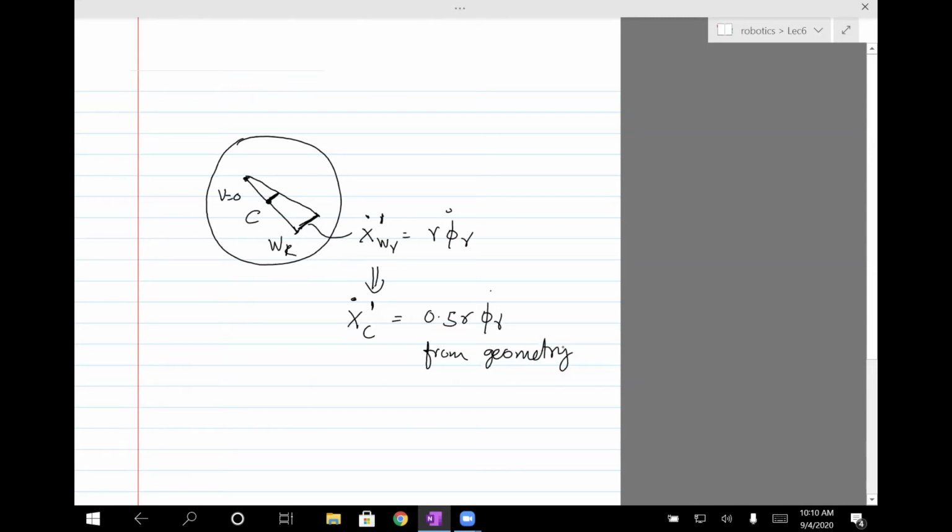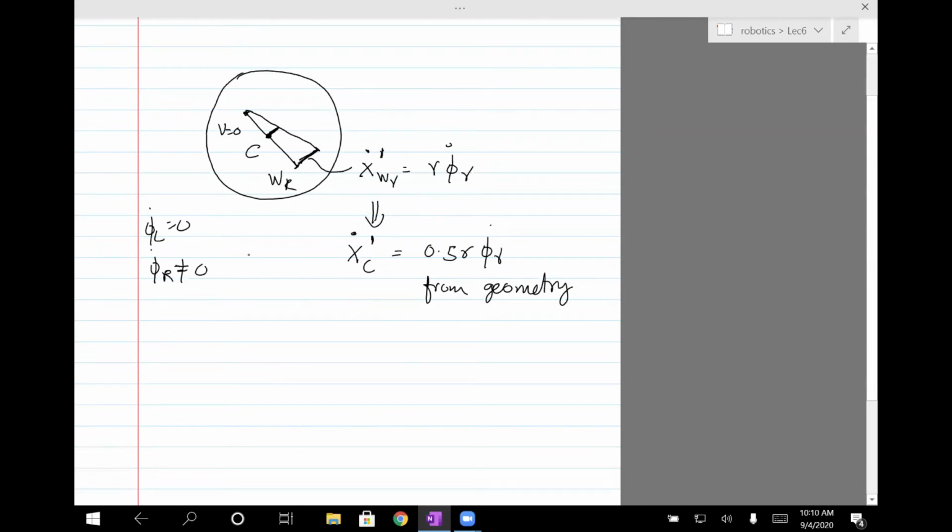That's only because this point C is exactly midway between the two wheels. So if the left wheel is at rest and the right wheel is not at rest, then the velocity is this.